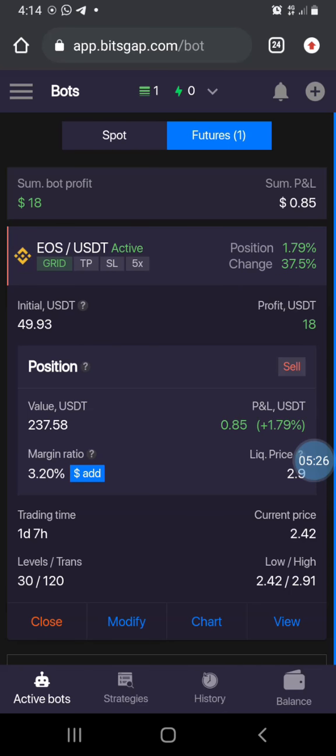Return on equity, that's what it's called. Another thing, looking at levels and trades, the bot has already made 120 trades for me in the last 31 hours. Can you do that? No. In 31 hours, 120 trades, that's an average of about 4 trades per hour.